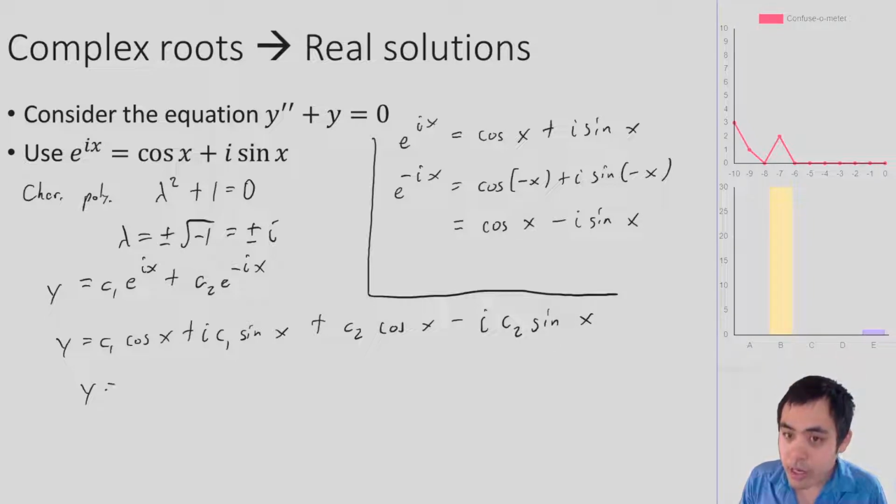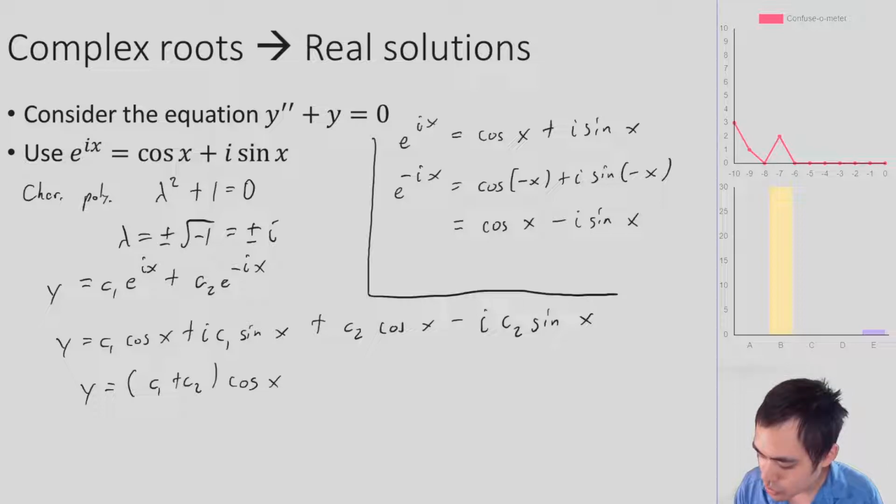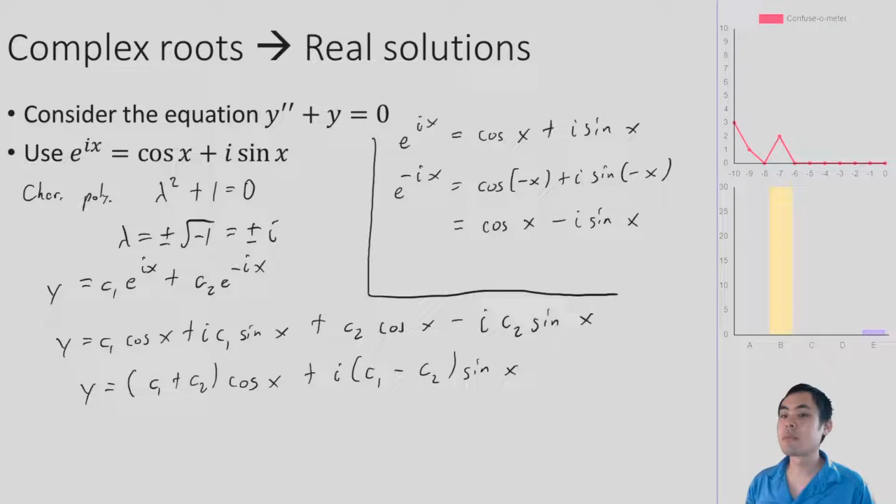Well, you can combine together these coefficients and you get y is equal to c1 plus c2 times cosine x plus i times c1 minus c2 sine x.